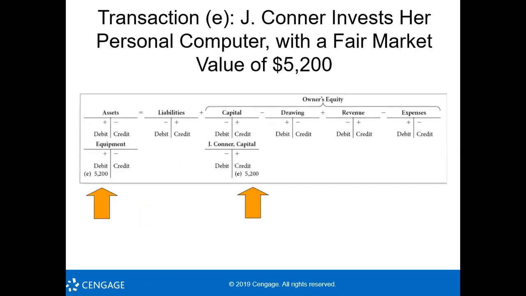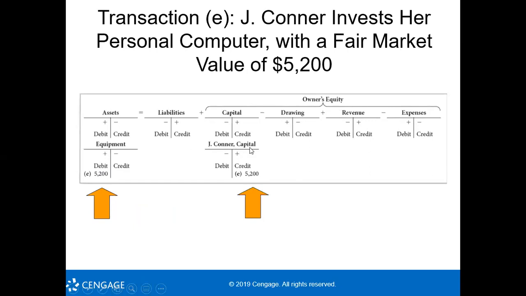All right, J. Connor invests her personal computer with a fair market value of $5,200. So again, the owner's making an investment into the company, and just like when we saw the cash investment in transaction A, we're increasing owner's capital. We are increasing equipment, right? So equipment's an asset. Equipment increases with a debit.